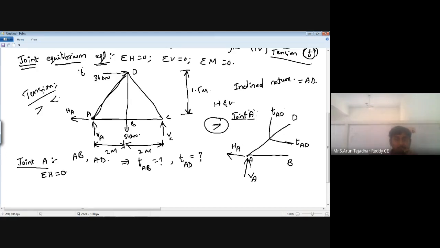Summation of horizontal forces is equal to 0. Then see how many horizontal forces are acting here. That is A to B, one horizontal force, and TAD, another horizontal force, and HA, one more horizontal force. Totally 3. So let's solve this problem.